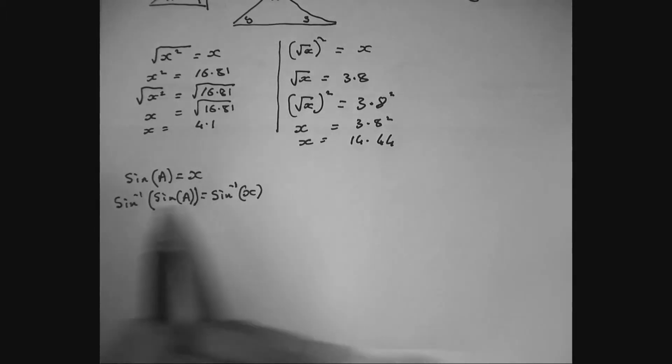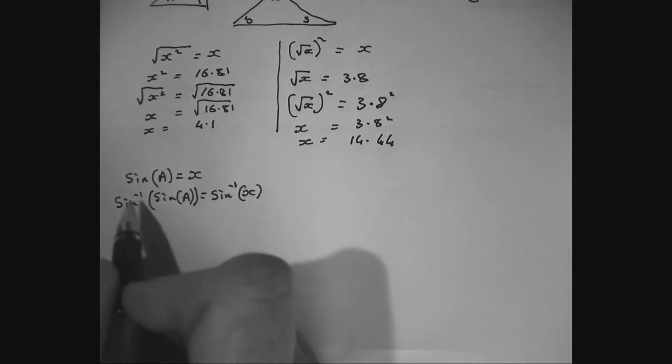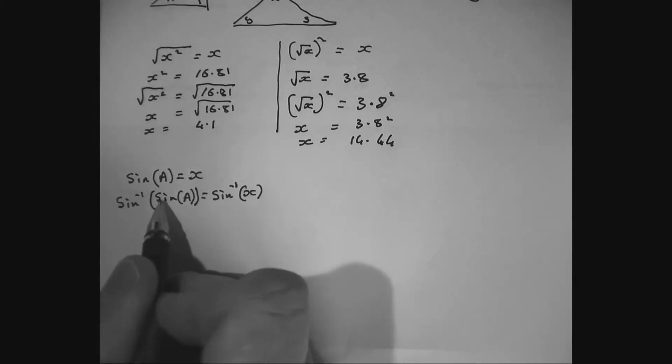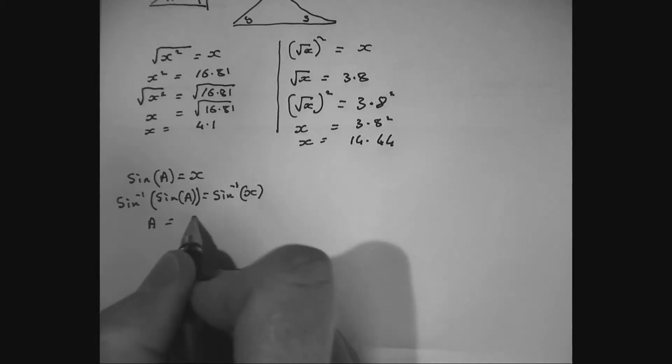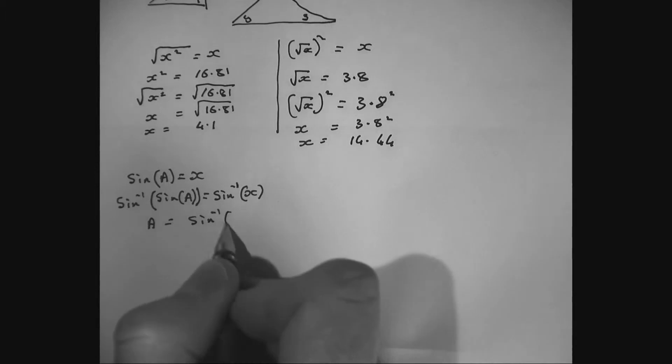Because it's an equation, we must do the same thing on each side. So the inverse sine cancels out the sine, and we're left with A on this side equals the inverse sine of x.